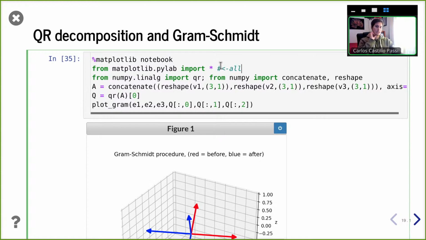Though it's not recommended to do this because matplotlib has like a million functions, and you could be defining a function that has the same name as the one defined in matplotlib, and there could be a collision of names, and sometimes that can produce an error in code later.